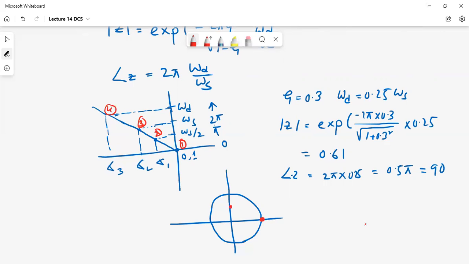Okay. And if you plot similarly for omega d equal to 0.5 omega s, then you're going to find the magnitude by just following the formula, 0.3725, and the angle you are going to get is pi, that is 180 degrees. So you're somewhere here with a magnitude of 0.37.